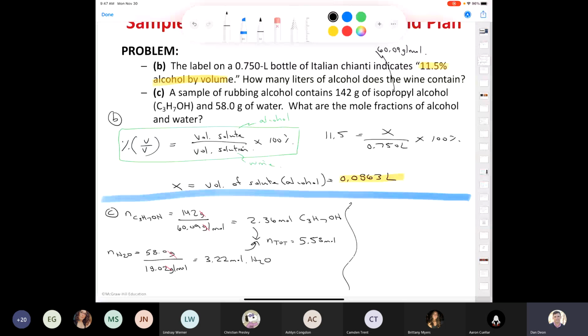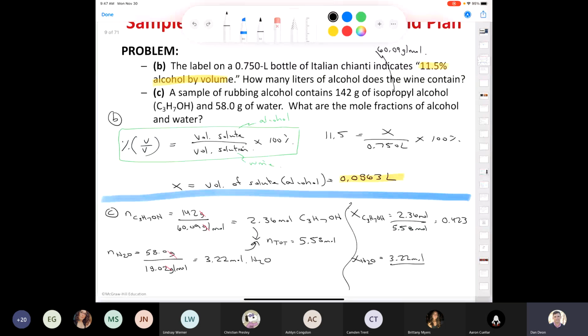So that means that the mole fraction of C3H7OH, isopropanol, is 2.36 moles divided by 5.58 moles. And that's 2.36 divided by 5.58, which gives us 0.423. So that's the mole fraction of isopropanol. Mole fraction of water. I mean, we could just take 1 and subtract 0.423, but where's the fun in that? So we'll do 3.22 moles divided by the total number of moles.